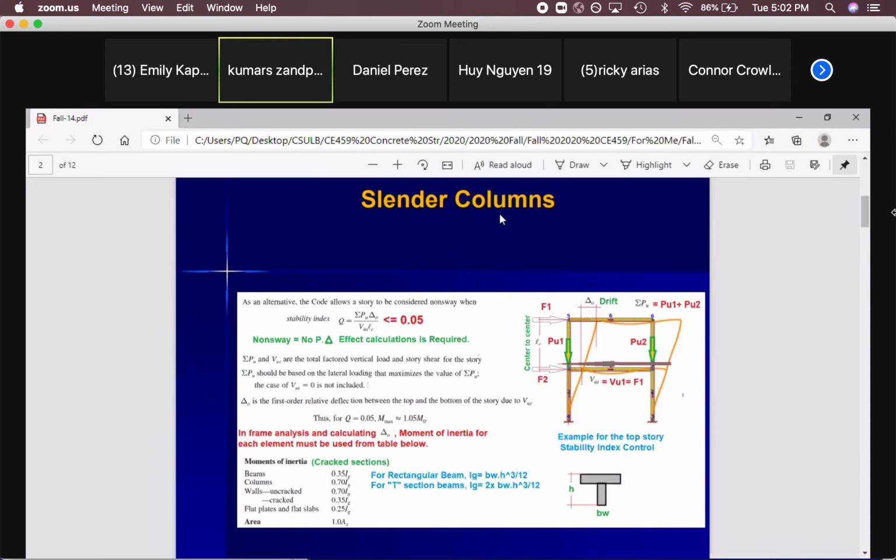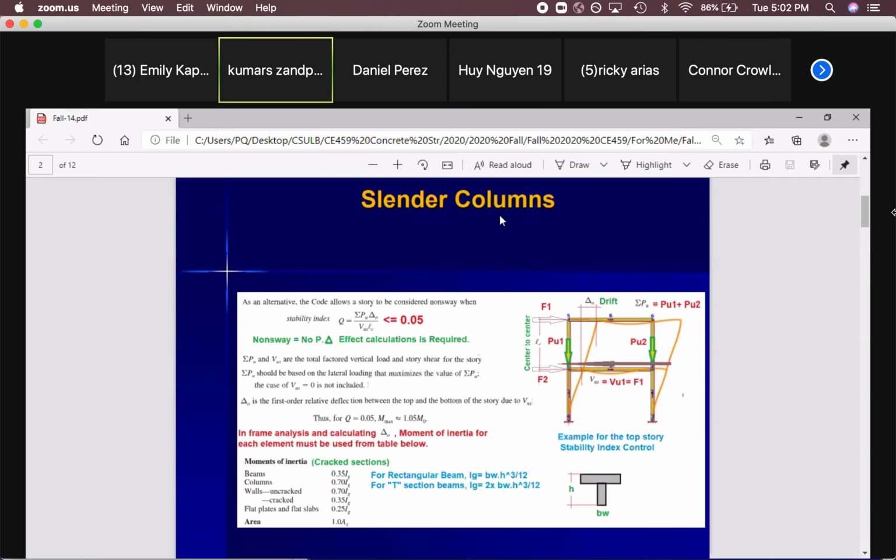Okay, as you might remember, in order to consider or design a column, we have two categories. One, short columns. It means that buckling is not important, so the column can reach its maximum load.